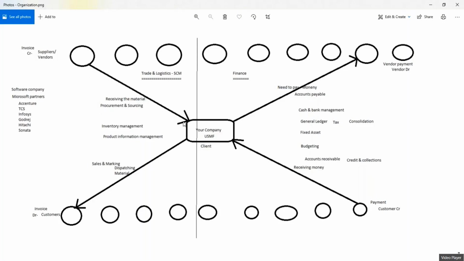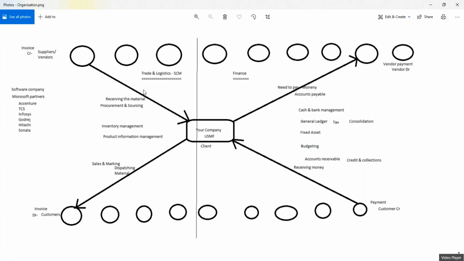Here receiving material is called purchase or procurement. We are receiving material, suppose take the example laptops, washing machines, LEDs, refrigerators, anything you are purchasing and you are selling.